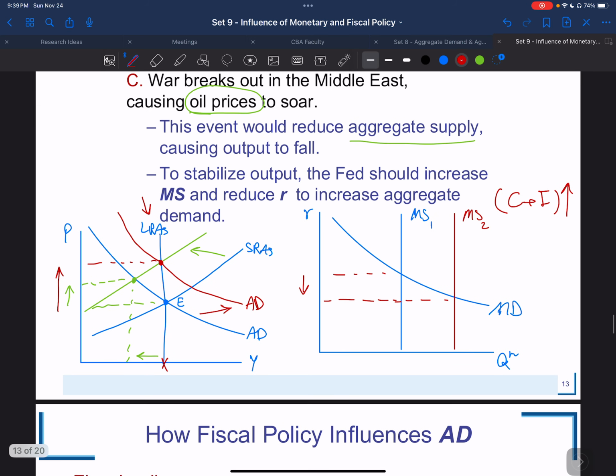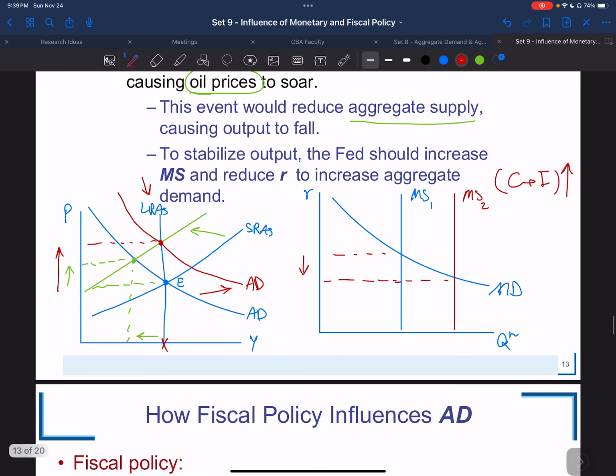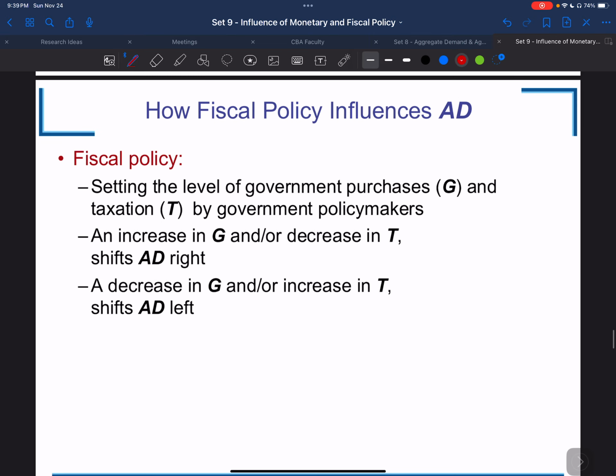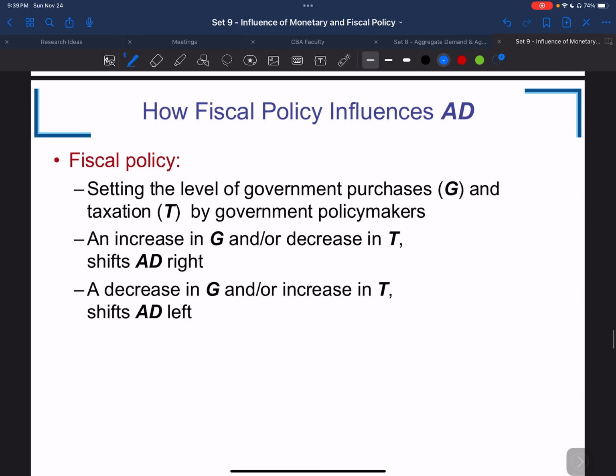All right. Now that we talked about the effects of monetary policy, let's look at fiscal policy and see what fiscal policy is and how it influences aggregate demand. Fiscal policy affects the aggregate demand through government spending and taxation.